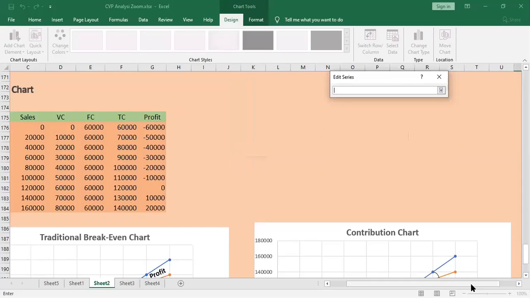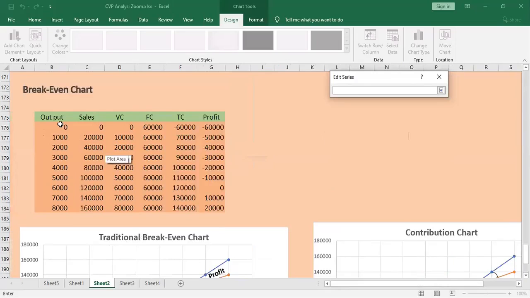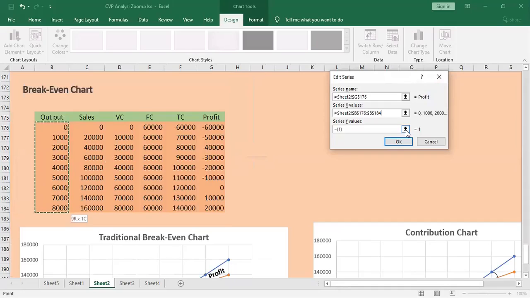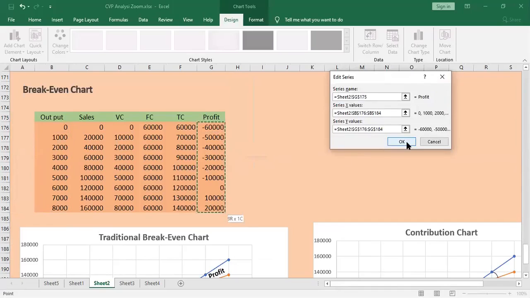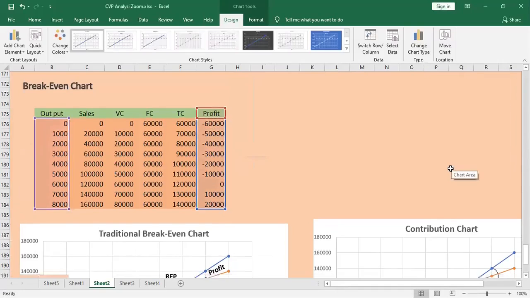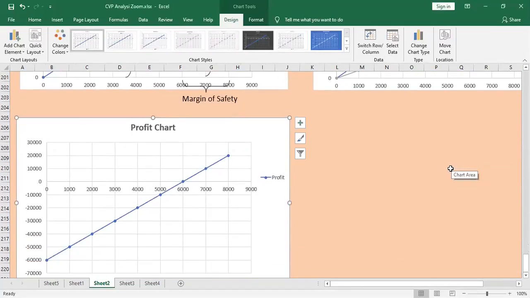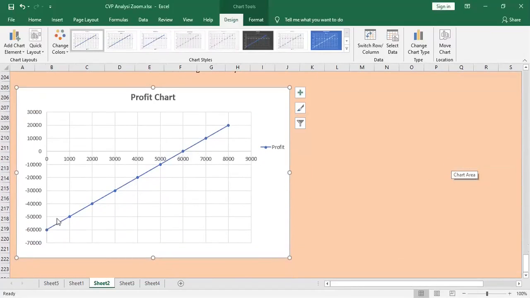The X-axis is always the output range, and Y is profit. Right. So if you look at the chart, you can see when the line intersects with the X-axis, at that output level you are getting the break-even point. So when your profit is equal to zero, you are getting the break-even point.